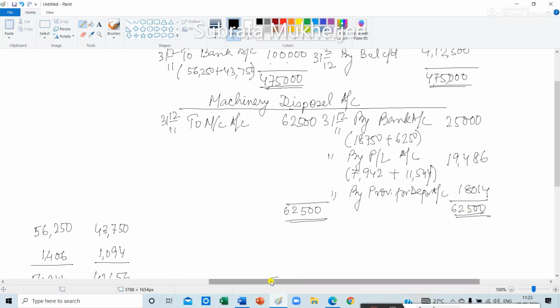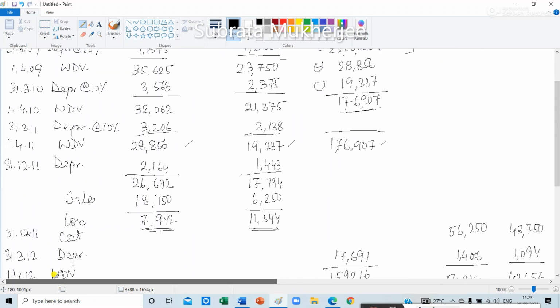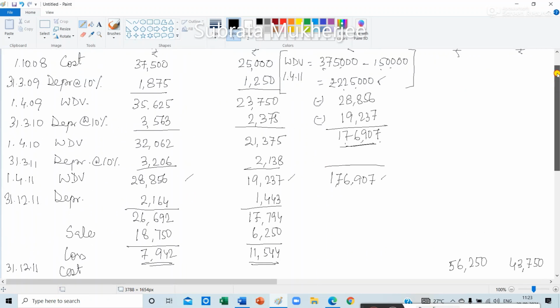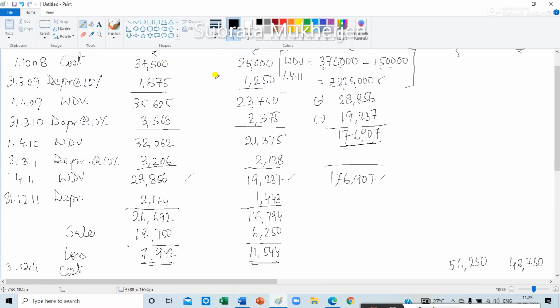So you come to the working. This is the amount of depreciation on M1 and M2: 1,875 plus 1250 plus 3563 plus 2375, 3206, 2138, 2164, 1443.